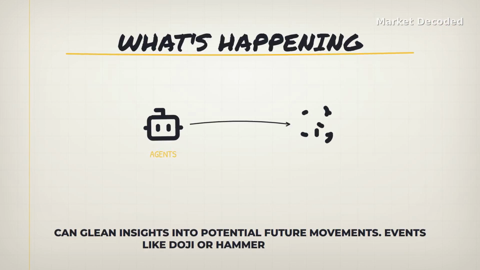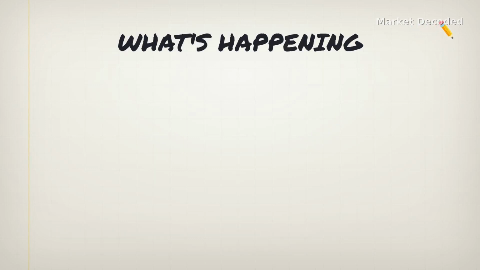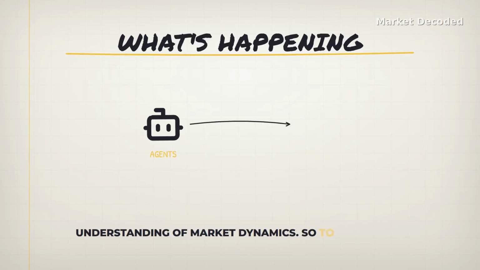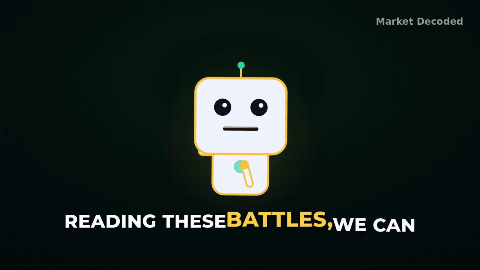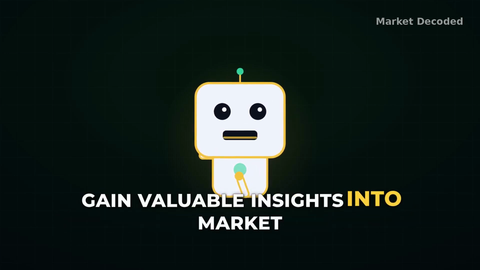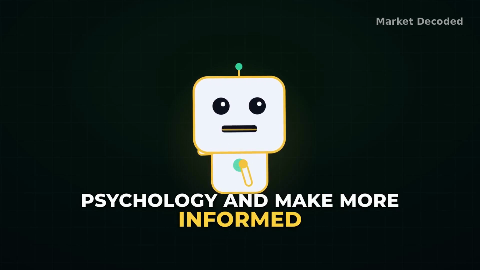Patterns like doji or hammer can indicate indecision or a potential reversal, giving you a deeper understanding of market dynamics. So, to sum it up, a candlestick chart reveals the ongoing battle of buyers versus sellers, unfolding over time. By reading these battles, we can gain valuable insights into market psychology and make more informed decisions.